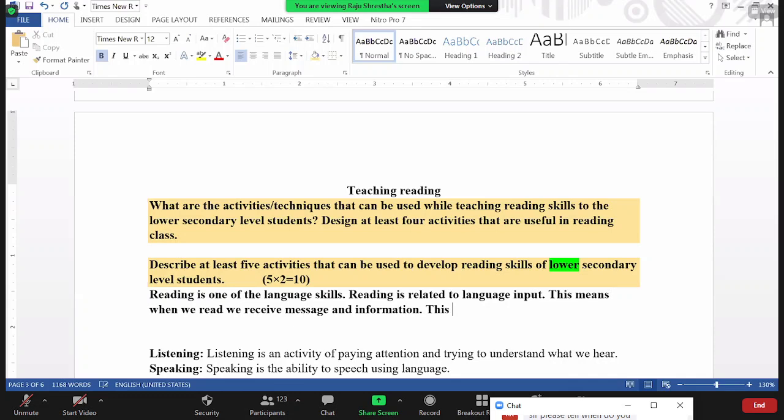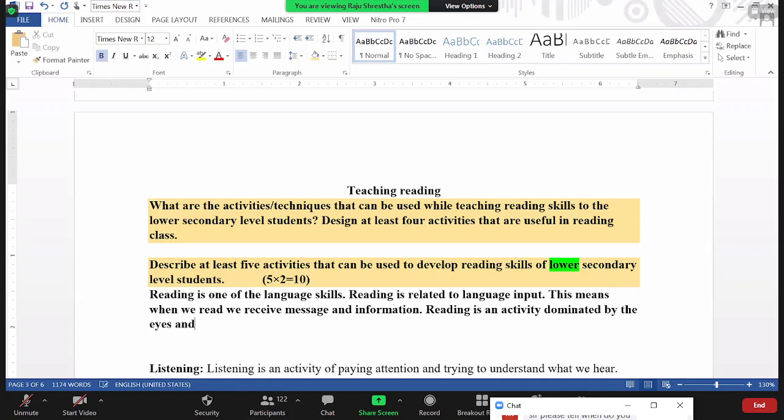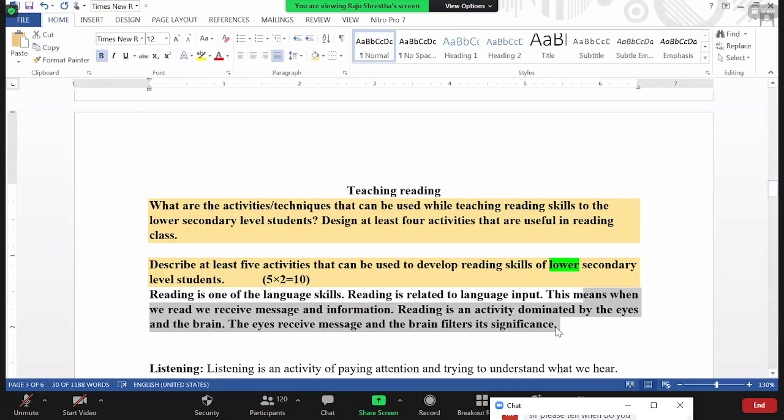This is a good definition of reading: reading is an activity dominated by the eyes and the brain. The eyes receive any message, and the brain filters its significance. In this way, we can write short introduction about the reading.